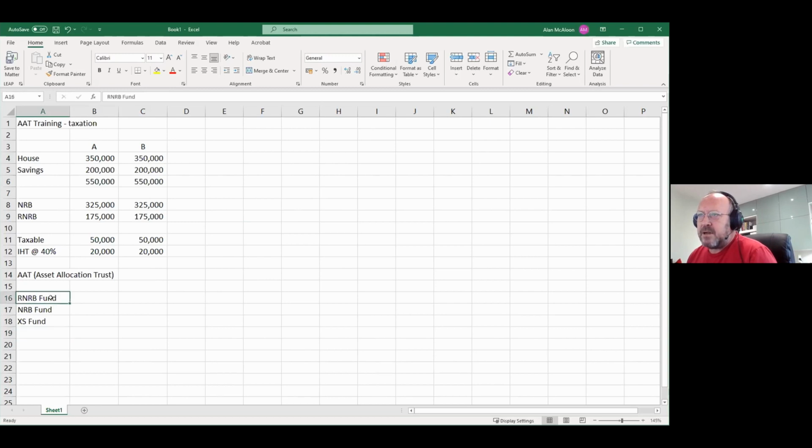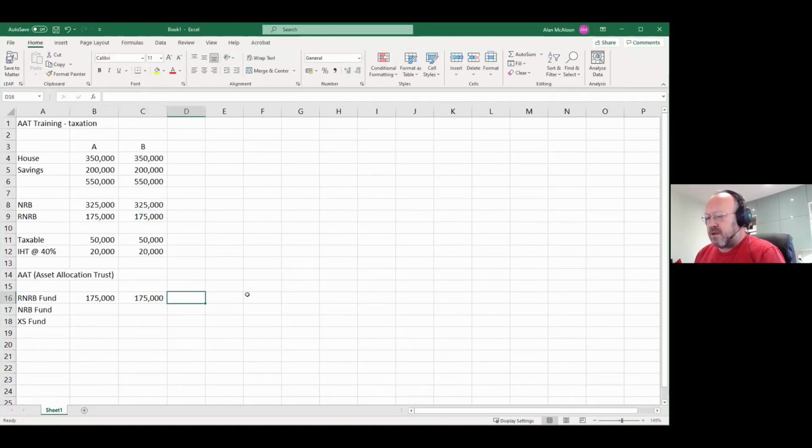Now, the Residence Nil Rate Band Fund is worded within the trust deed as being the smallest percentage of this asset that is needed to be held to claim the residence nil rate band. Obviously, for this property, the house is worth more than the residence nil rate band, and they need all of that residence nil rate band to reduce their tax as far as possible. So for this example, the residence nil rate band fund for him would need to hold that, and the residence nil rate band fund for her would need to hold that.